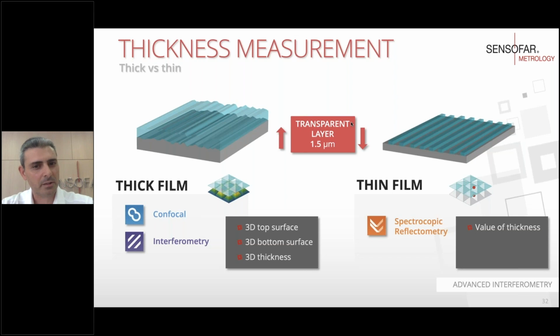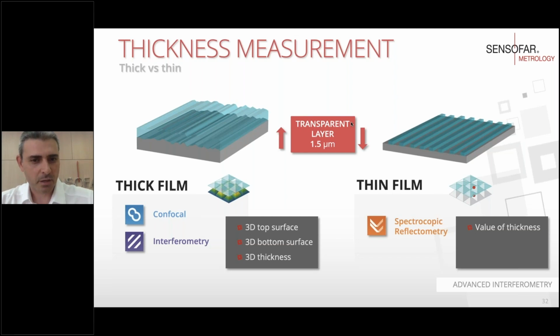So if we deal with a 500 nanometer wavelength, we are talking about 1.5 micron at the end. So that will be the summary: thick films for optical measuring instruments means more than 1.5 micron, and thin films less than 1.5 micron.